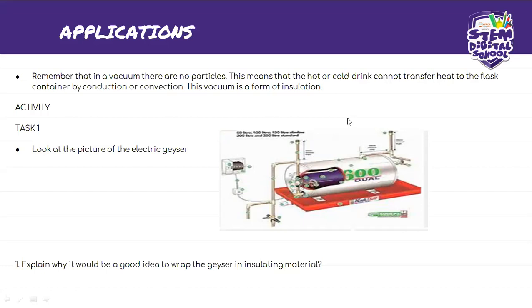So we are looking at the picture of the electric geyser, and the question is, explain why it would be a good idea to wrap the geyser in insulating material. So why will it be a good idea?